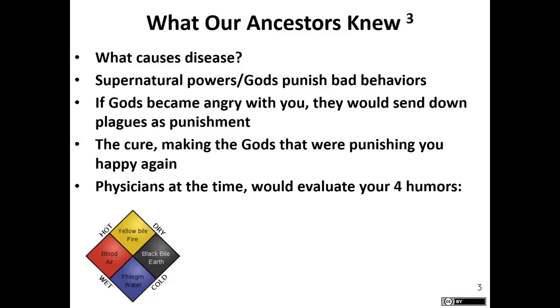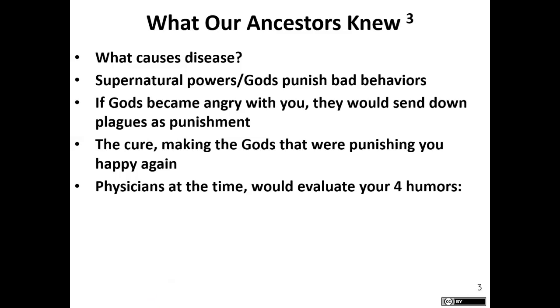Physicians at that time would evaluate the 4 different humors, so fluids in the body. And as long as those 4 different humors were in balance, then you were in perfect health. So kind of along the lines of homeostasis. These always had to stay balanced, and then you would always stay healthy. If there was any imbalance, that would cause a problem.